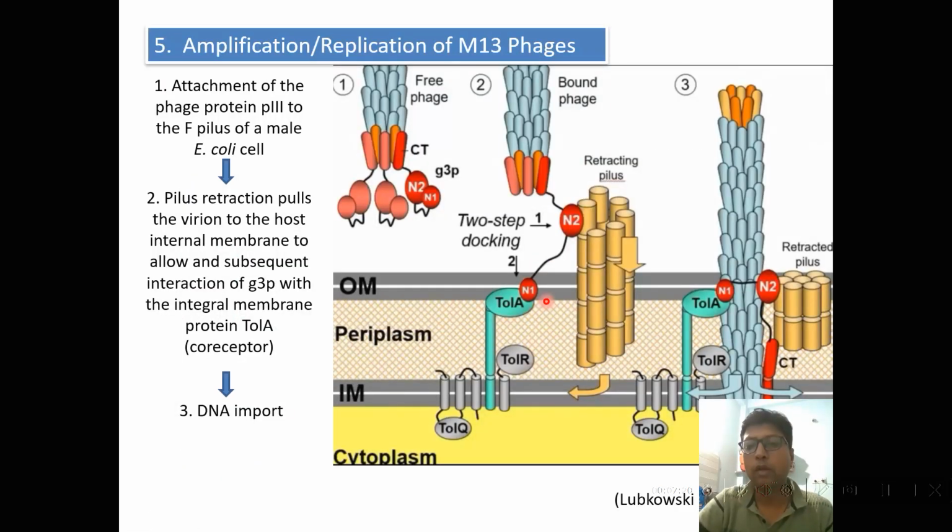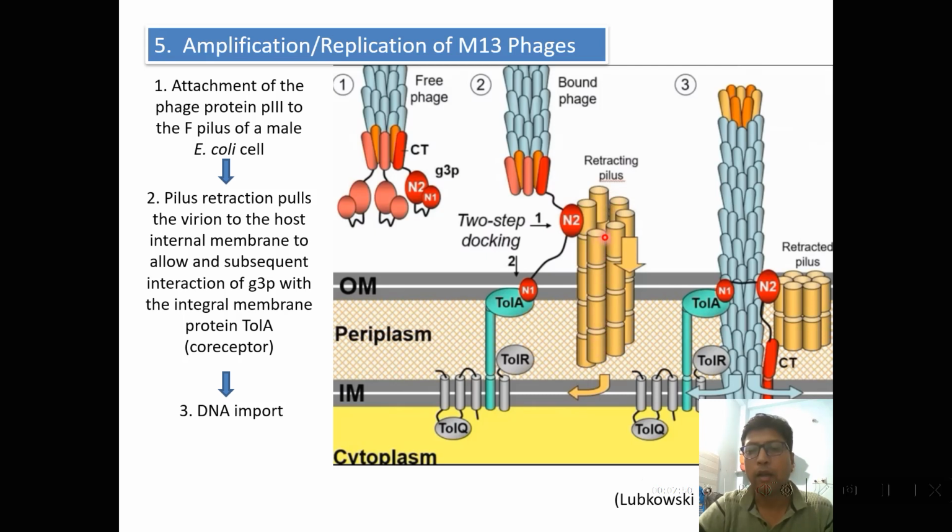So how do these domains work during the replication of the phages? The N1 domain is responsible for the translocation of DNA, so the N1 domain binds with the TolA receptor. This TolA receptor is found in the periplasmic region. The N2 domain binds with pilus.